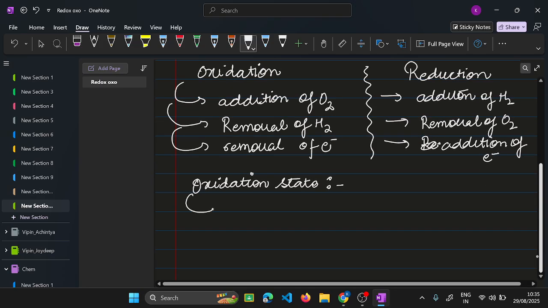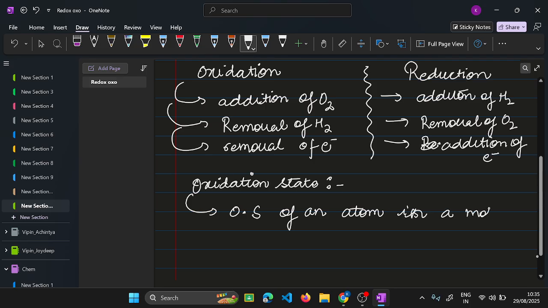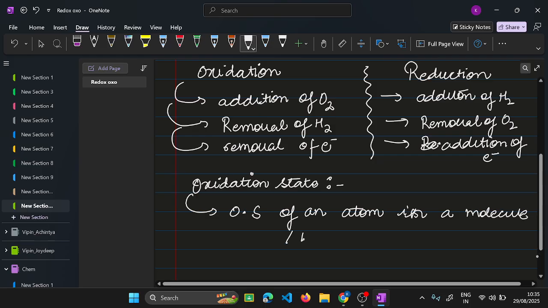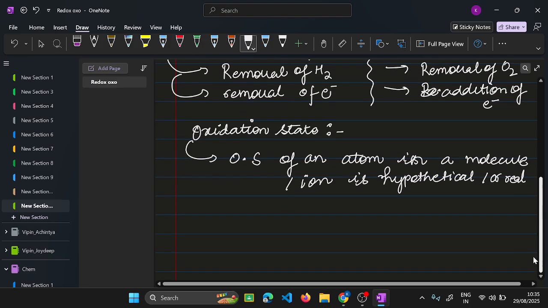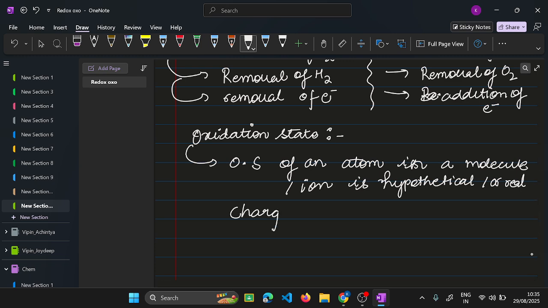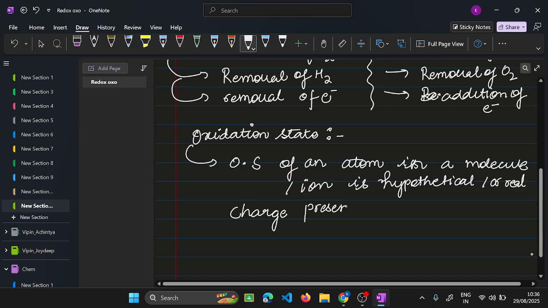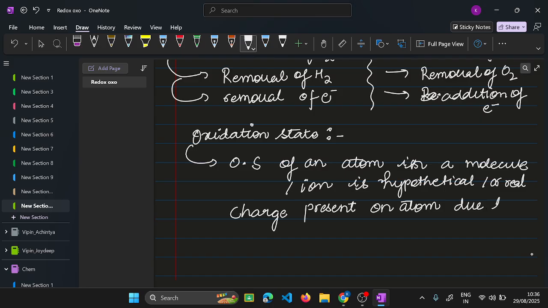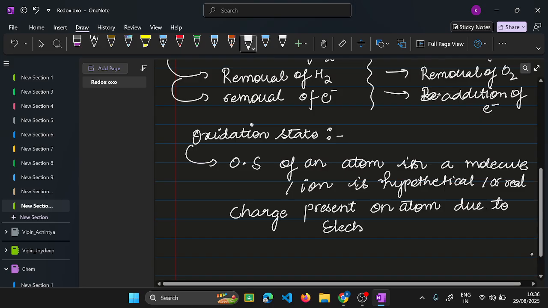So, OS means oxidation state of an atom in a molecule, which can be a molecule or an ion, is either the hypothetical or real charge present on the atom, due to electronegativity difference.